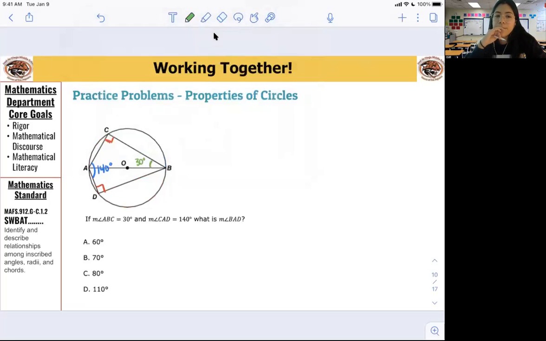You're on the right track though. Is there anything else I can piece together? Any arcs, any angles, anything that we can figure out?